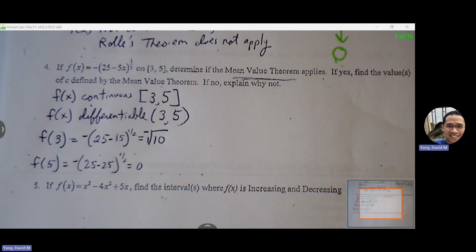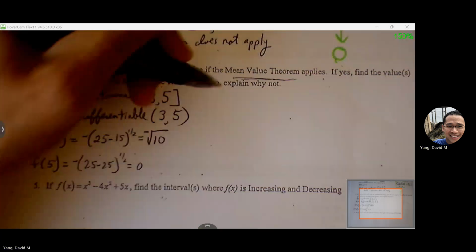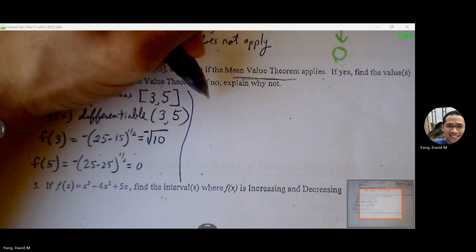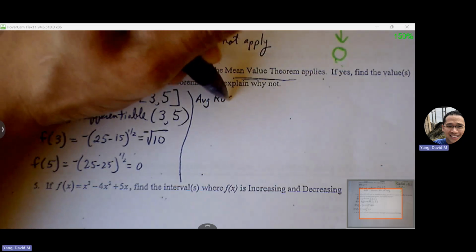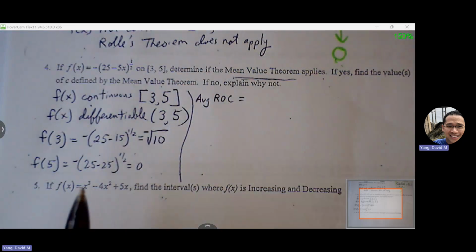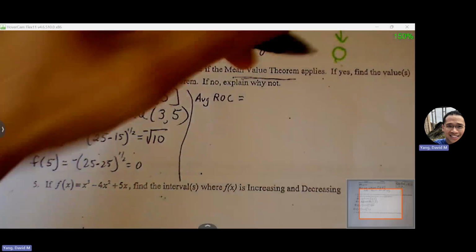Okay. Now we can take our ordered pairs, build our slope. That's your average rate of change. That's your slope. Change in y over change in x.